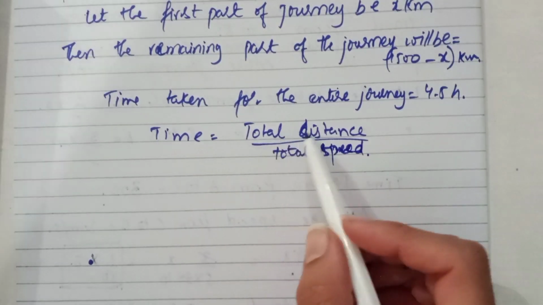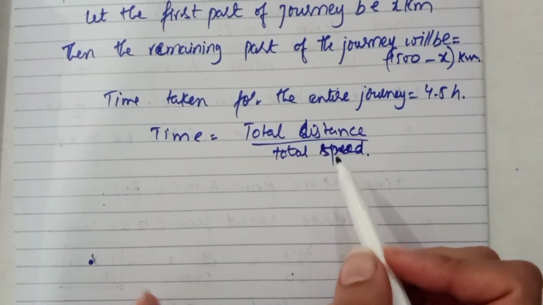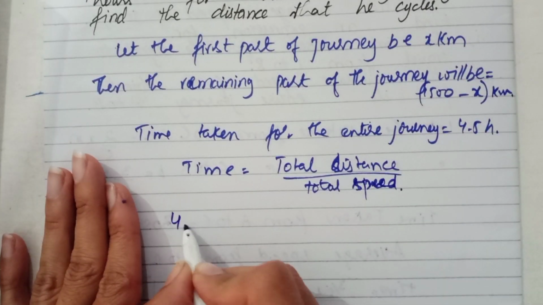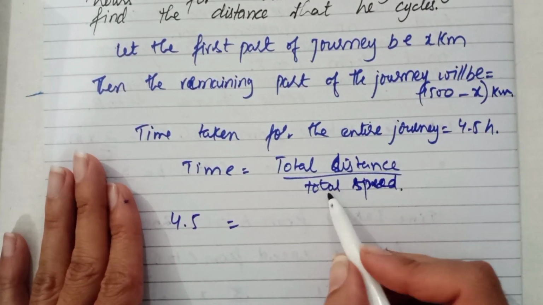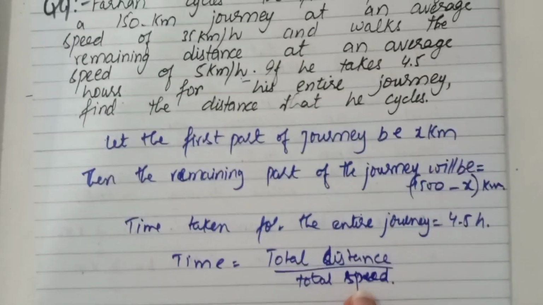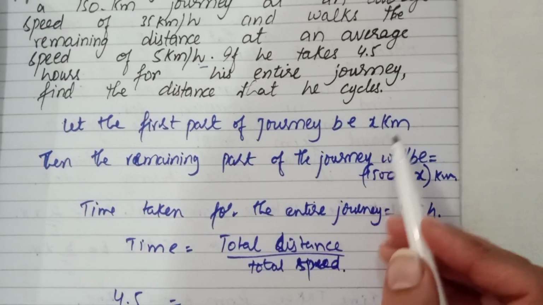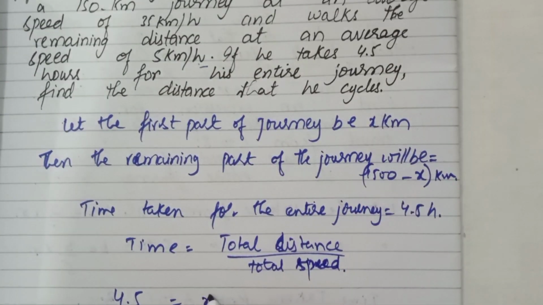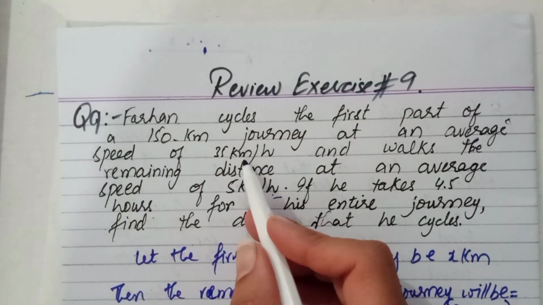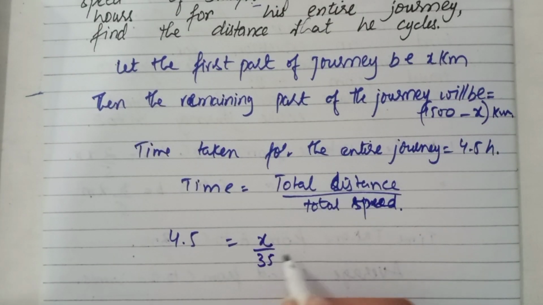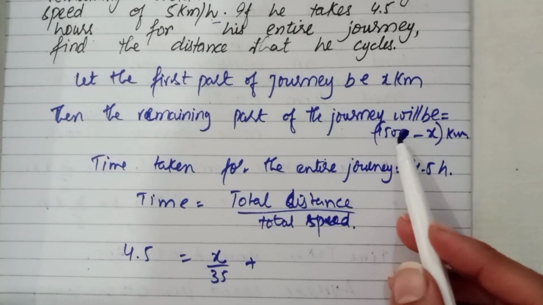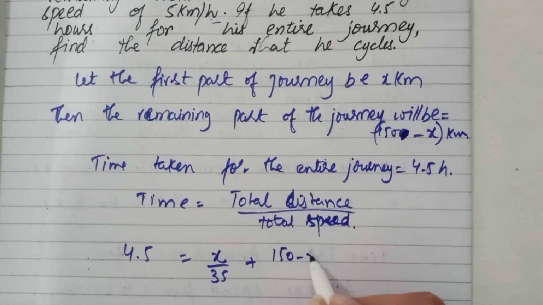Now students, time is equal to total distance over total speed, and the time for the entire journey is 4.5. For the first part the distance is x and the speed is 35. For the second part the distance is 150 minus x and the speed is 5.